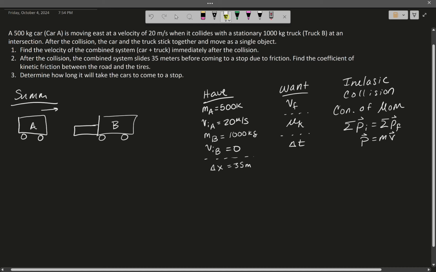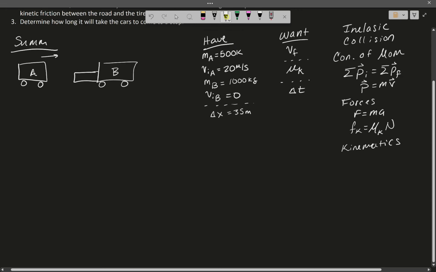We are going to need to use forces, specifically the frictional force, because it's asking us for a coefficient of kinetic friction, and we are going to need to use kinematics. I'll determine which kinematics equations to use when we get there. Off the top of my mind, we have these.